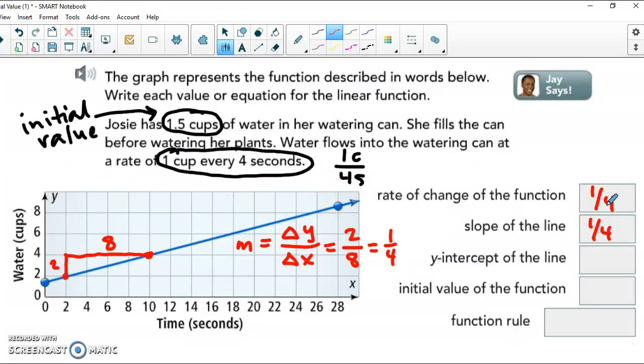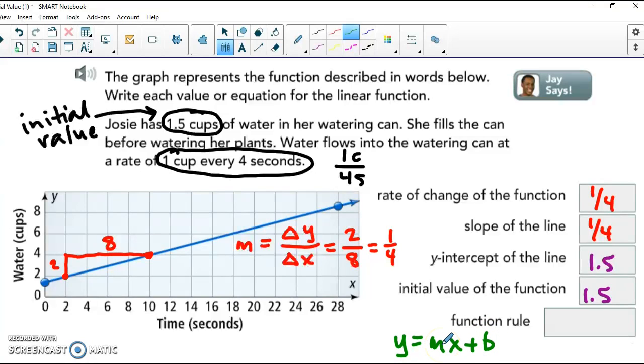Looking now at our graph, we already said that our initial value is 1.5. And we're looking at our graph and seeing that our y-intercept is also at 1.5. Now that I have those two pieces of information, I can use those to write my function rule. Remember, my equation says y equals mx plus b.